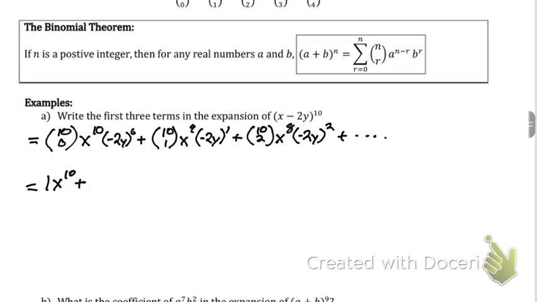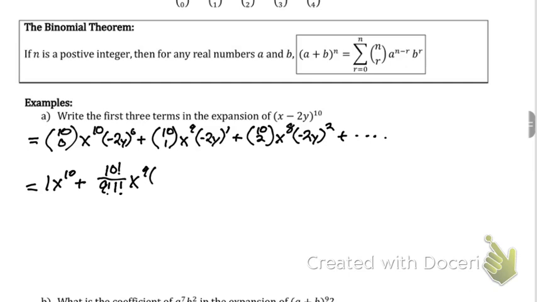For the next one, we could write down the whole step. So 10 choose 1 is 10 factorial over 9 factorial times 1, and that's going to be times x to the 9th.